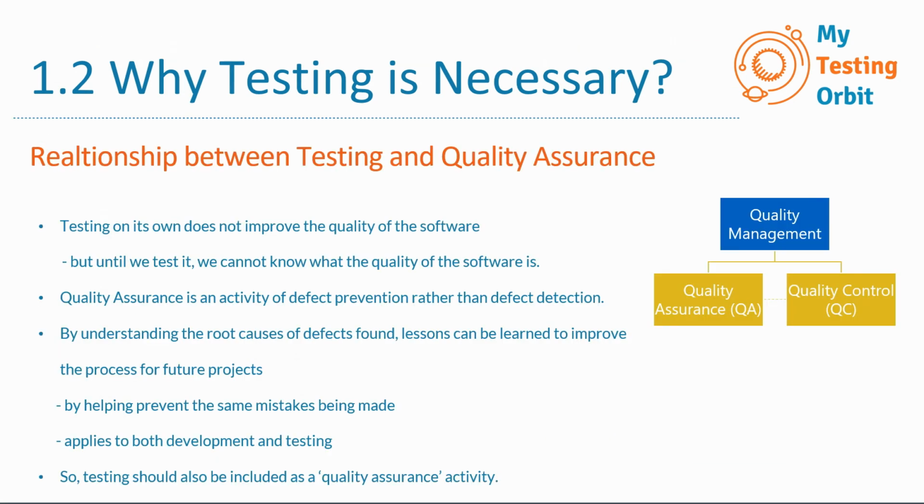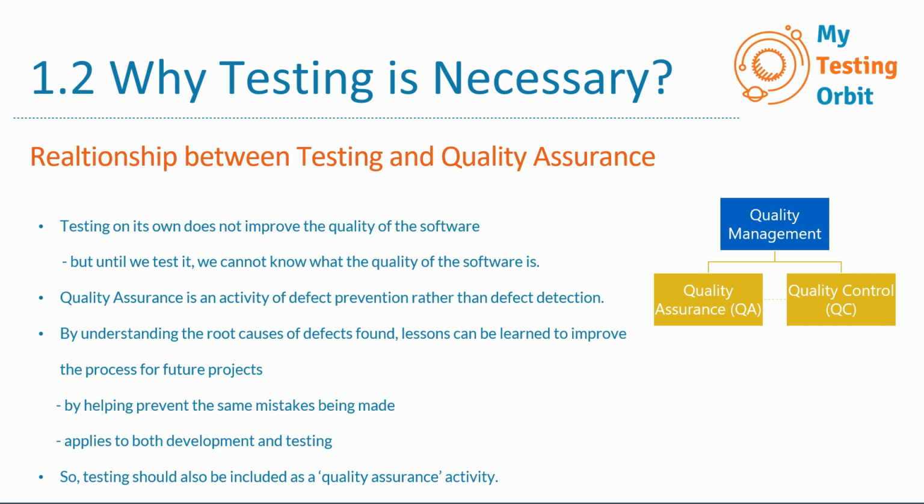Right, so let's go through now the relationship between testing and quality assurance. These are two terms, and the term quality assurance is often used to refer to testing. Though quality assurance and testing are related to each other, they are still not the same.